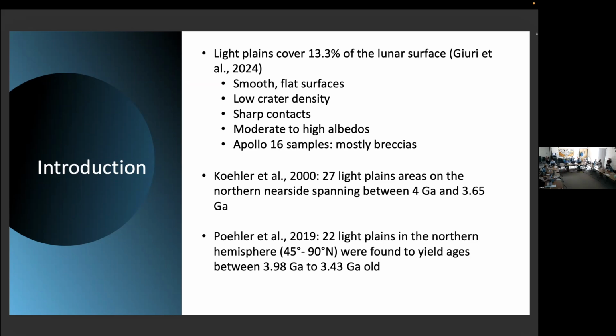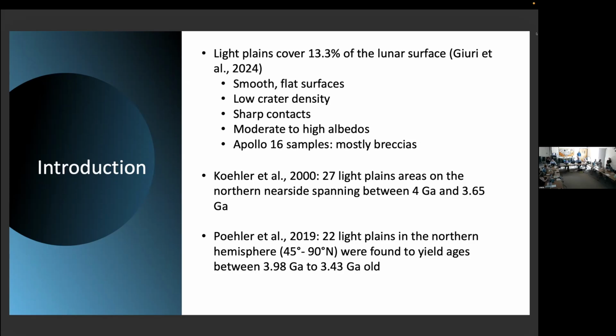But in particular for the North Pole, we only have these two here: Kula et al. 2000 and Kula et al. 2019, both of which looked at over 20 plains in the northern near side and/or the northern hemisphere. Both found this range of ages between 3.43 and 4 billion years. So our work fills the most polar gap that we didn't have.